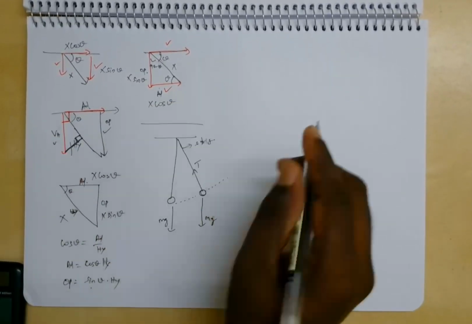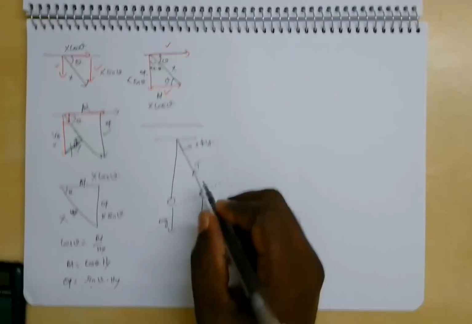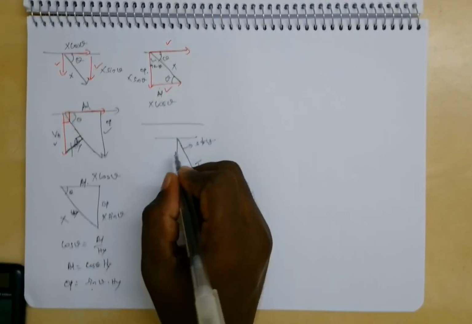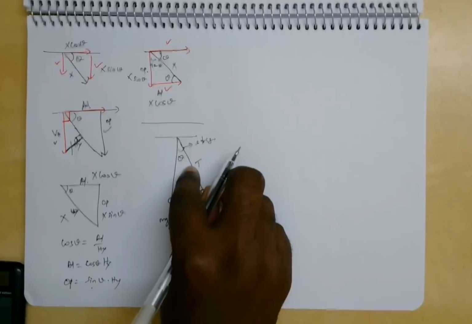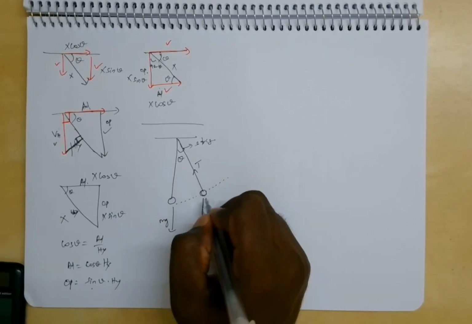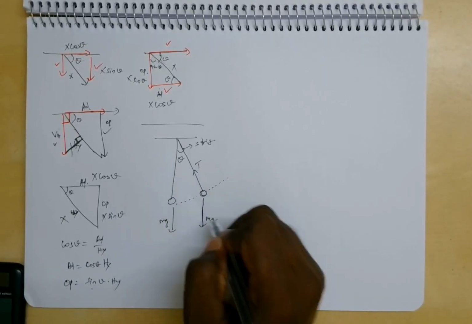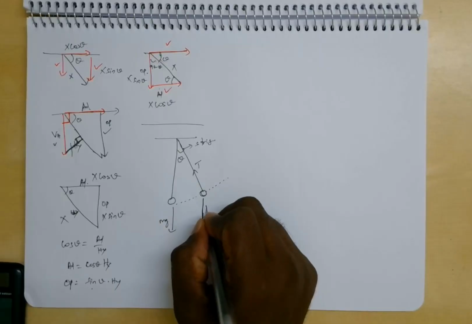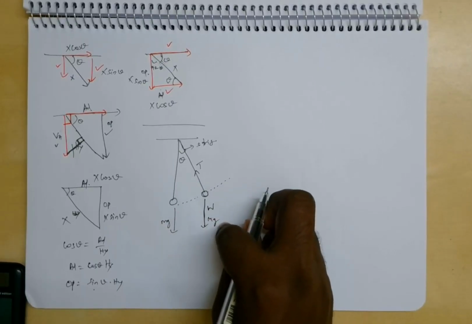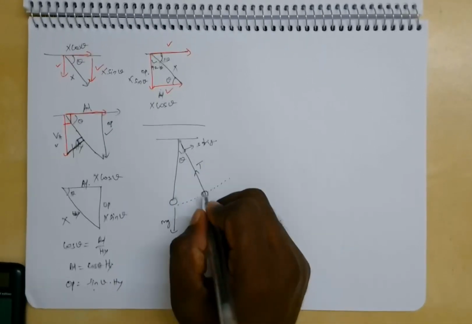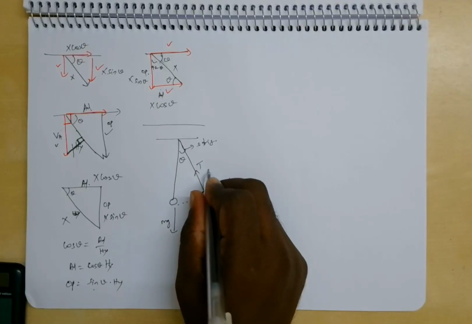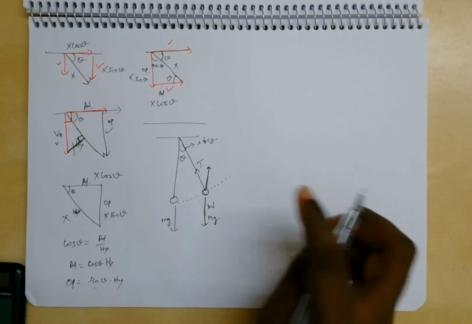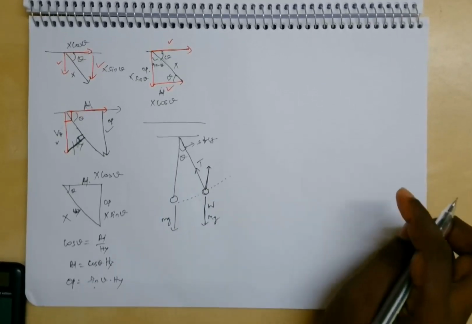Okay, so to understand that, now this is the tension, right? Now this is angle theta. Now this is mg, or we'll call it W, W for weight. Okay. So can you see it's equal and opposite to W?